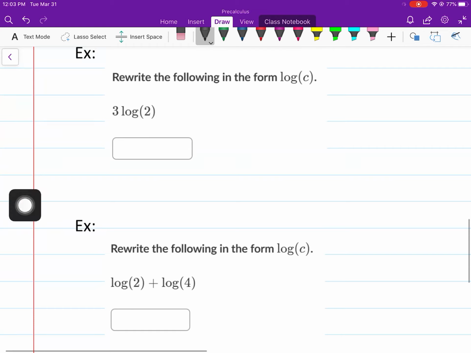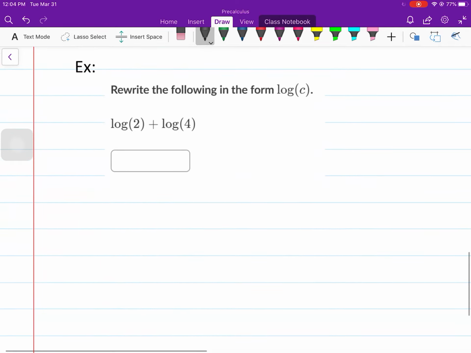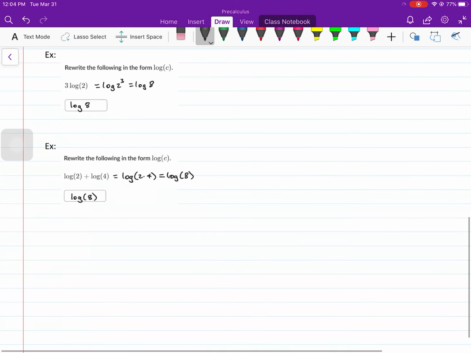So this one's obviously power rule, so we'll bring up that log of 2 to the 3rd, which is log of 8. Then here, this is product rule, so that's log of 2 times 4, which is also log of 8. And there you have it.